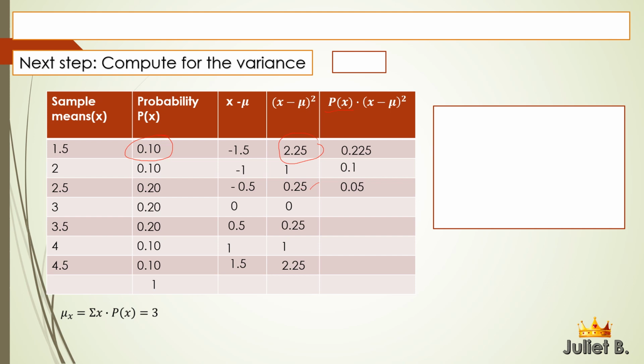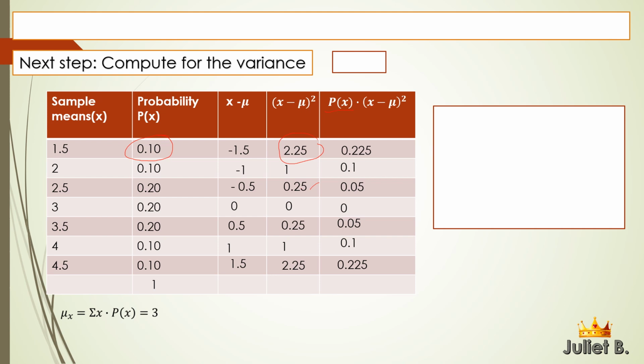Then 0.2 times 0, of course that's 0. Next is 0.25 times 0.2 again. We have 0.05. 1 times 0.10 is 0.10 or 0.1, that's the same. 2.25 times 0.10 is 0.225.